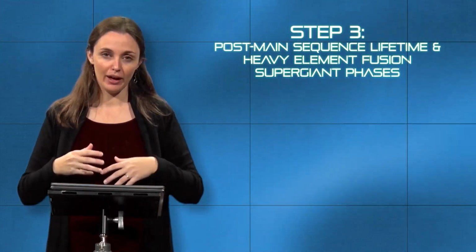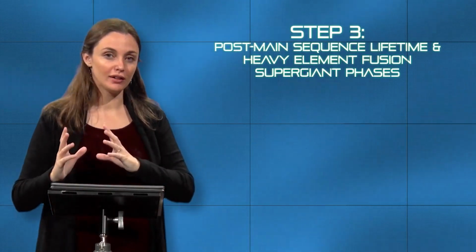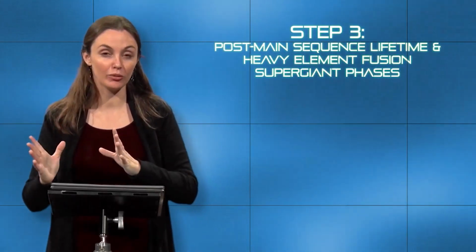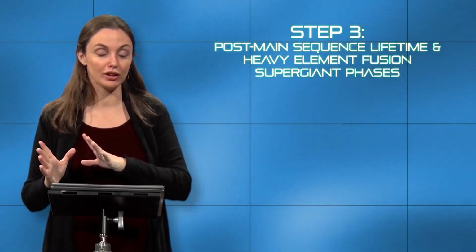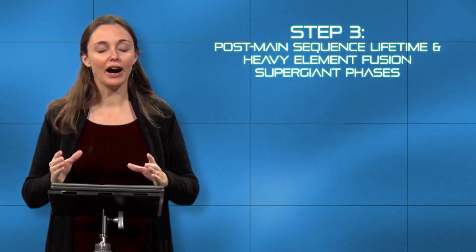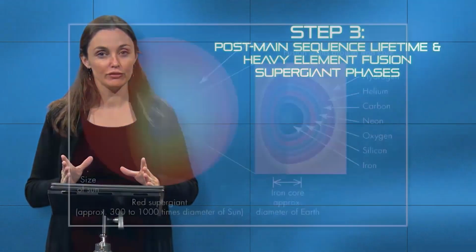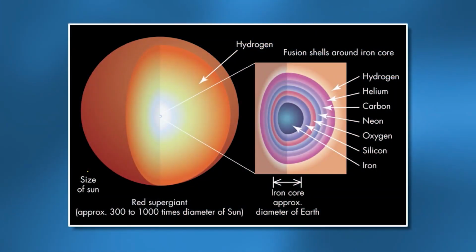Now, if we take a step back for a second, because we haven't quite gotten to that point of looking at the star's ultimate death yet, we haven't gotten quite to the point of creating that supernova, let's look at the highest mass star possible right at the very, very end of its life. Once these core temperatures are built up because of the contraction of the core and the expansion of the rest of the star, then it's going to be capable of producing all of these subsequently heavier and heavier elements up to the point of forming iron.